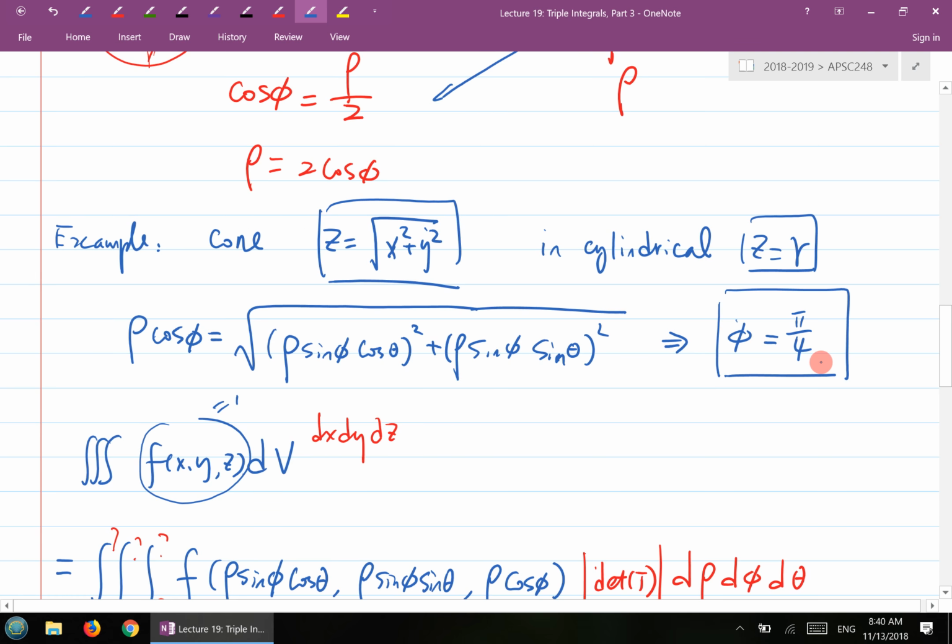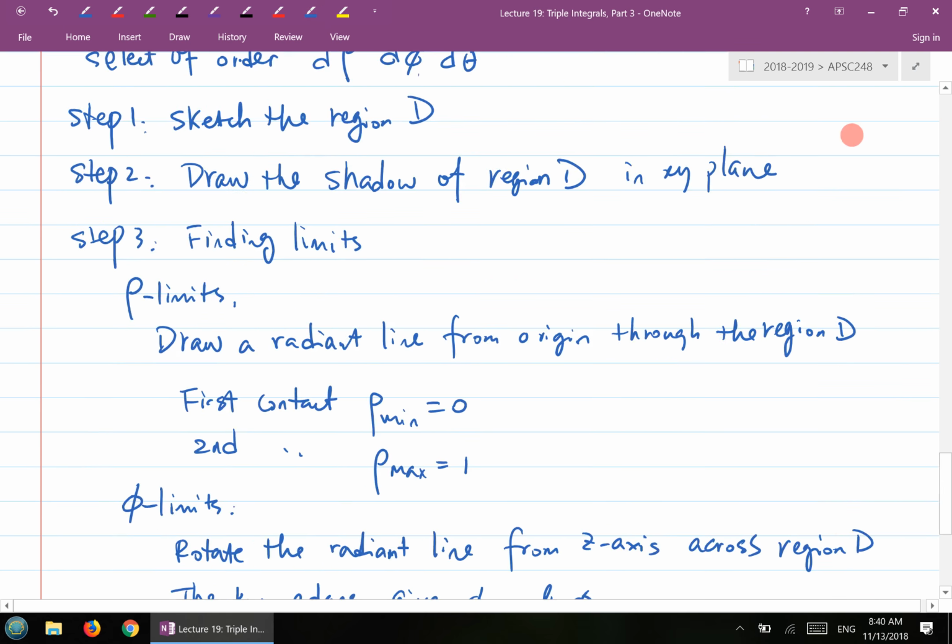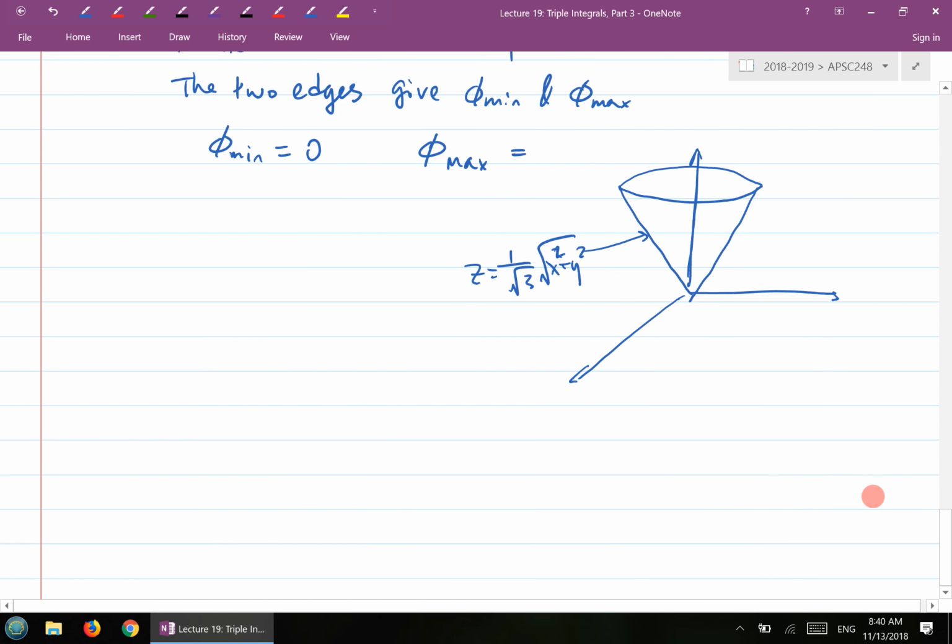And similarly, you can do this for this one. You'll get phi equal to pi over 3, so 60 degrees for this cone here. That's one approach. And the other approach, I don't know if you remember, is you could use the idea of cylindrical coordinates.